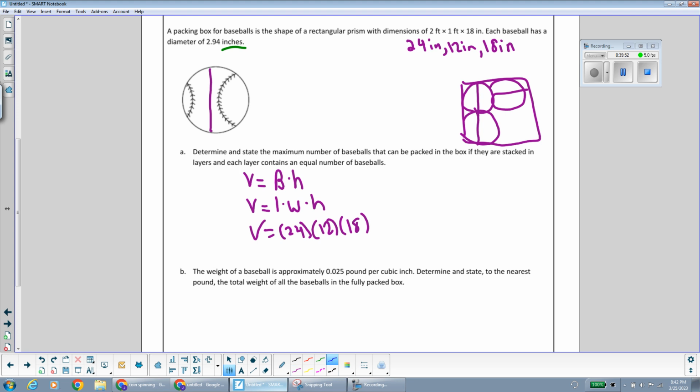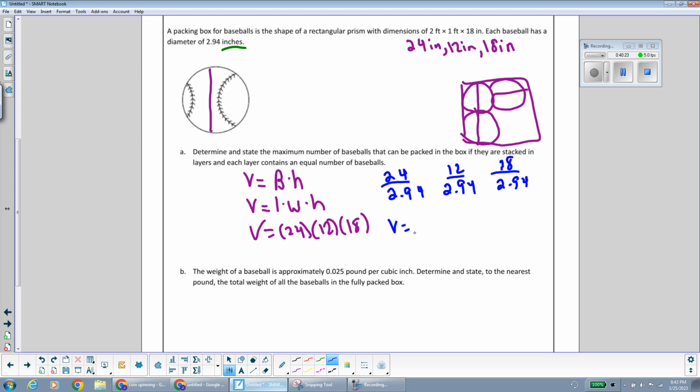So I'm just going to take each of those dimensions and I'm going to divide by the diameter of the baseball because we need to figure out how many baseballs are going to fit with the length, the width, and the height of the box. So 24 divided by 2.94. And I'm going to round here.